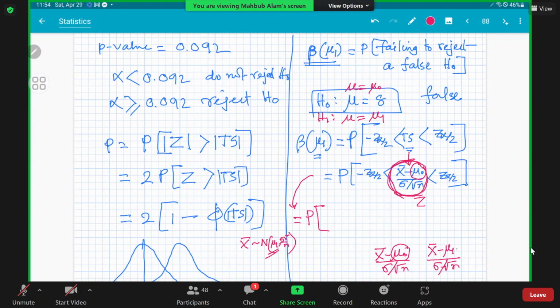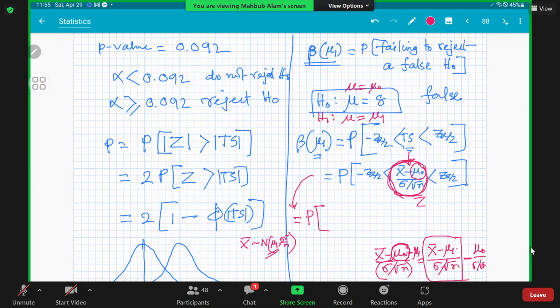Then this quantity is the standard normal random variable Z. So we need to subtract mu1 here. If you subtract mu1 here, then this one now becomes extra. So the extra quantity will be mu naught divided by sigma divided by square root of n. You understand? This one is equal to this one.